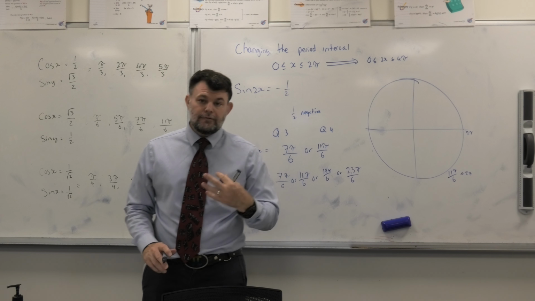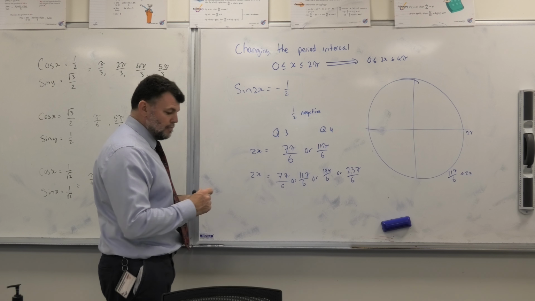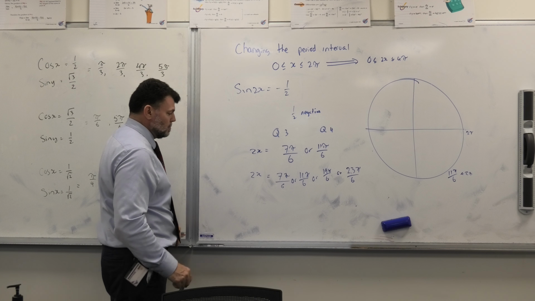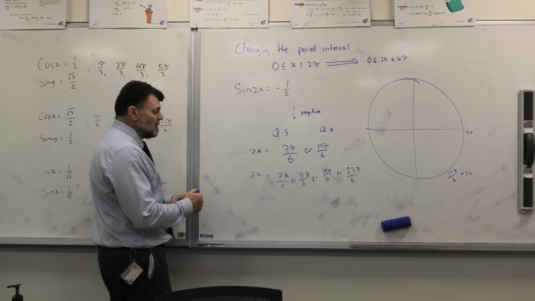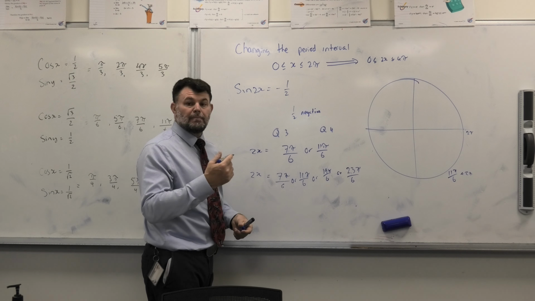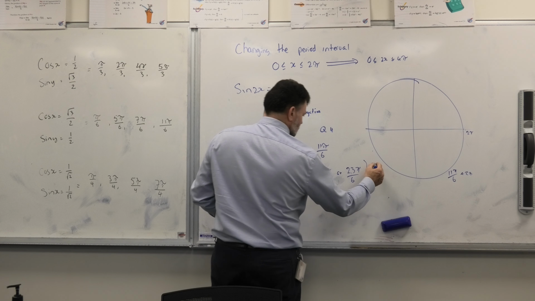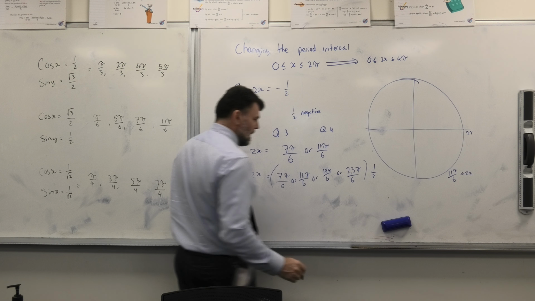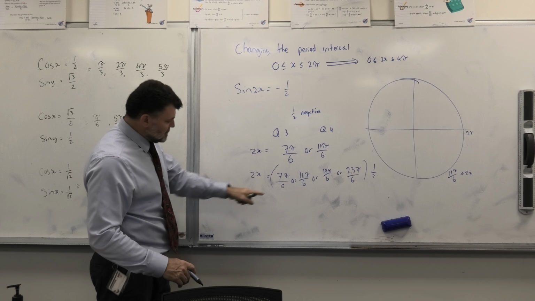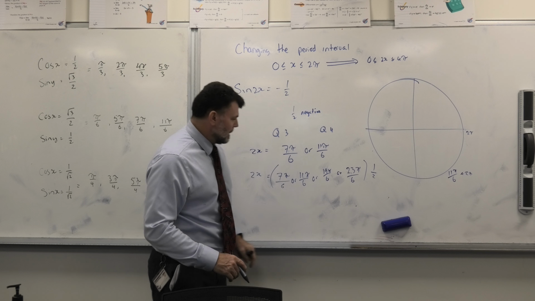However, we're solving for x. So in order to solve for x, we have to get rid of this 2. So how do I divide by 2? I can multiply by a fraction. So if I multiply everything here by a half, the only thing that changes would be my denominator.